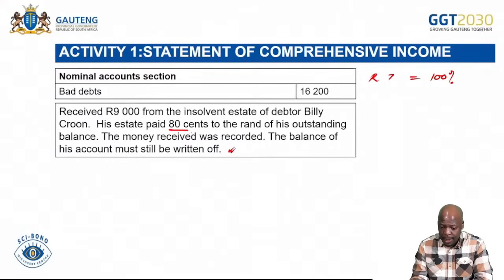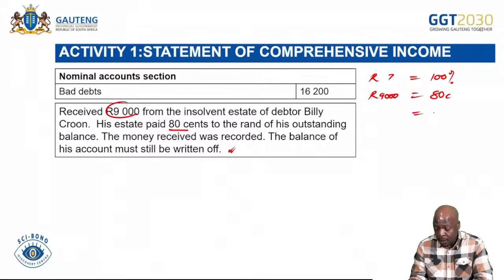However, his estate has paid 80 cents, which is 80%. It's still one and the same thing, to the rand of his outstanding balance. The money received was recorded. So the money received is 9,000.